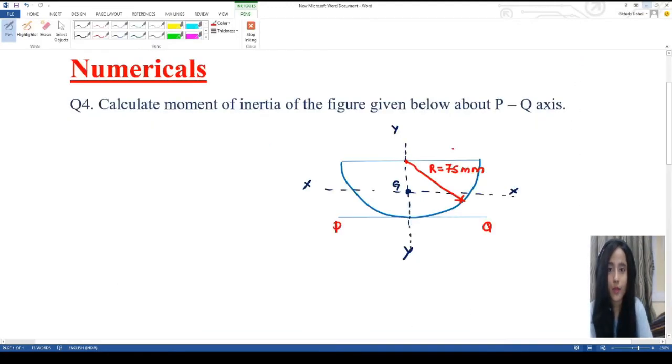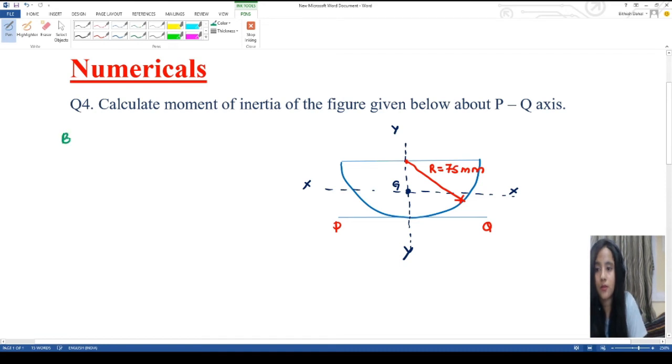Coming to the fourth numerical, let us read its statement. Calculate moment of inertia of the figure given below about PQ axis. So the axis here is PQ axis, and this PQ axis is running parallel with this XX axis. That means in here also we need to use parallel axis theorem.